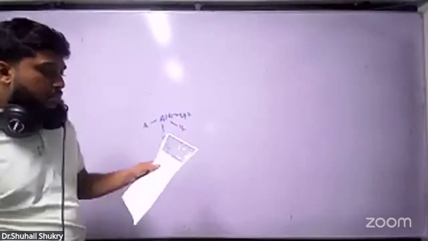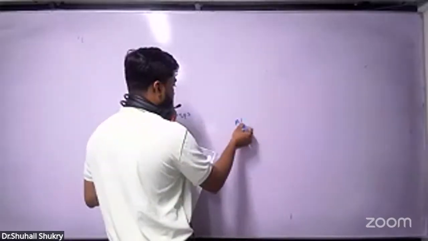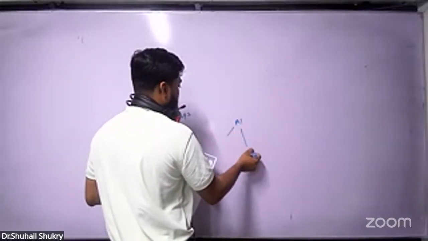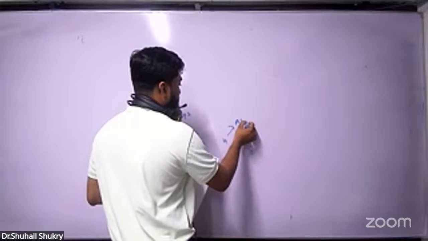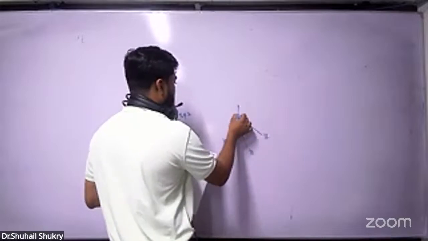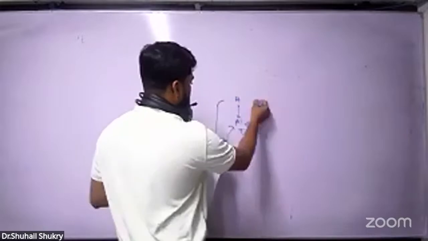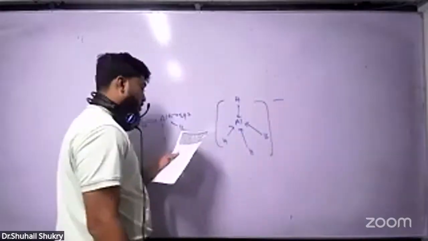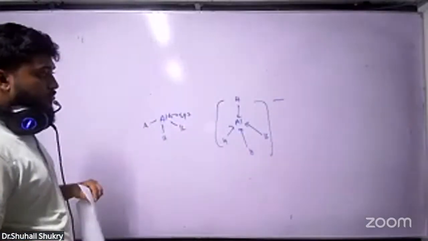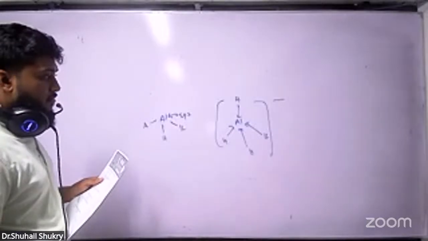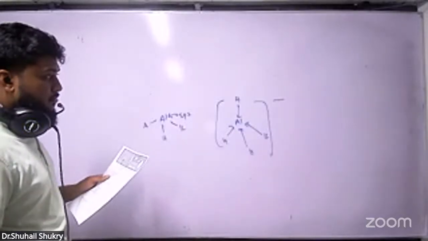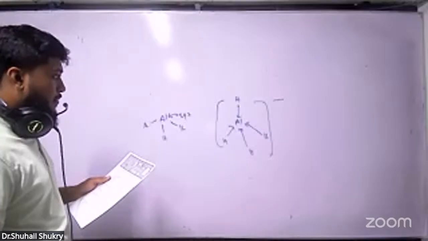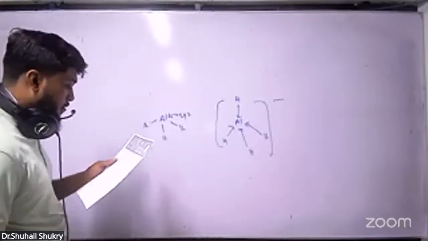AlH4 minus means it forms a complex ion with hydrogen. In this complex ion, aluminium's hybridization is sp3.